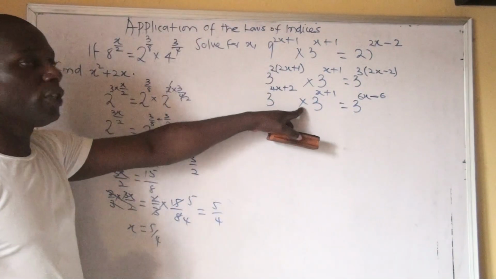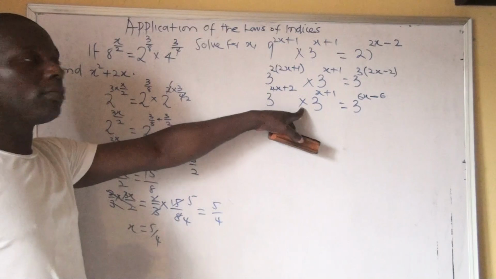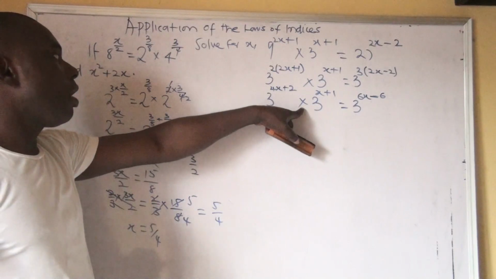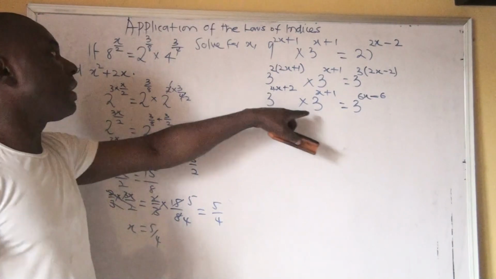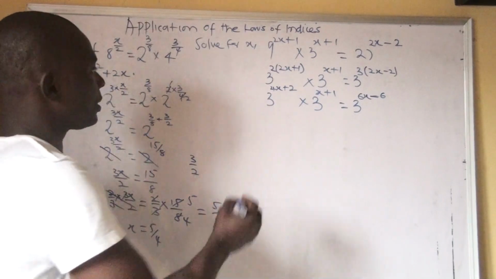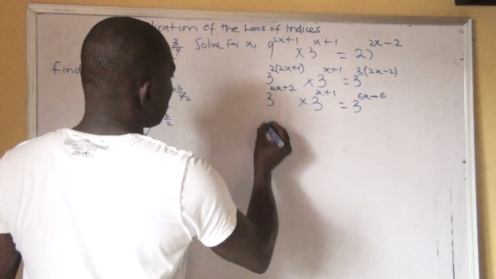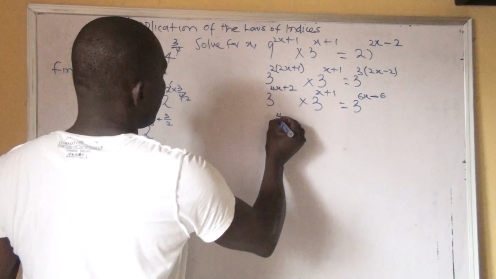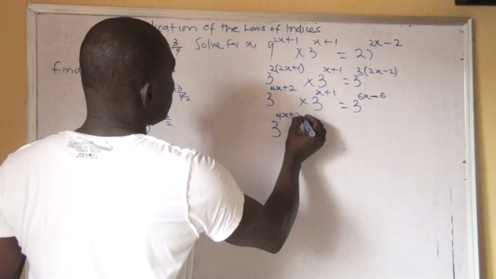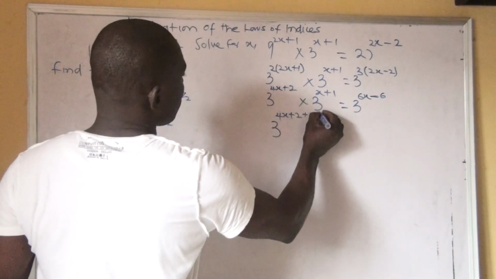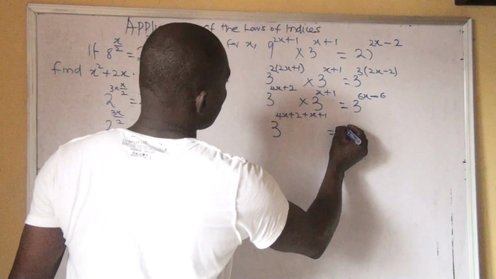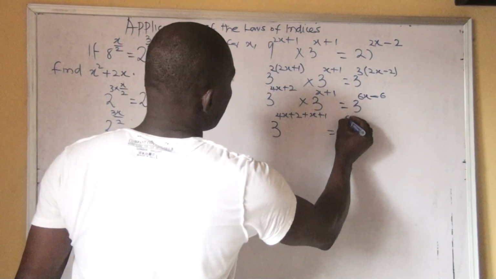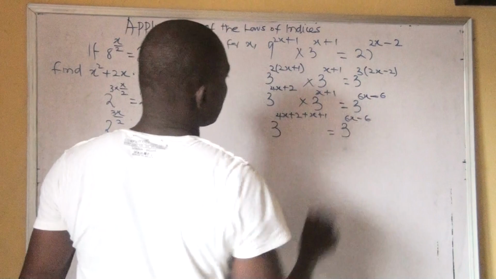Here we need to perform this operation before we proceed. This is multiplication and the bases are the same, so we need to add powers. So here we take the base as 3, and we have 4x plus 2 plus x plus 1 equal to 3 raised to the power 6x minus 6.